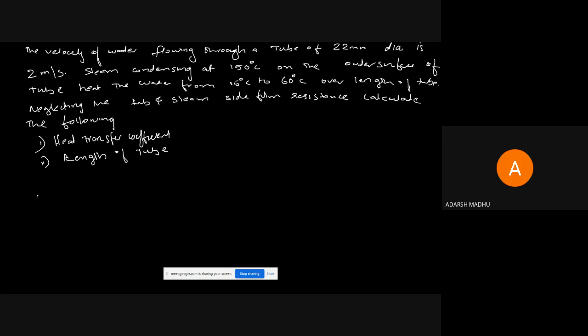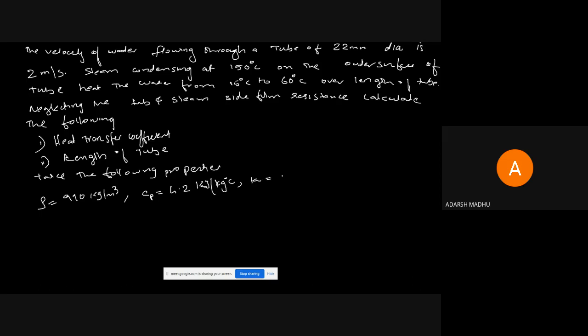Take the following properties of water. That is, rho equal to density, rho equal to 990 kilogram per meter cube. Cp equal to 4.2 kilojoule per kilogram degree Celsius.